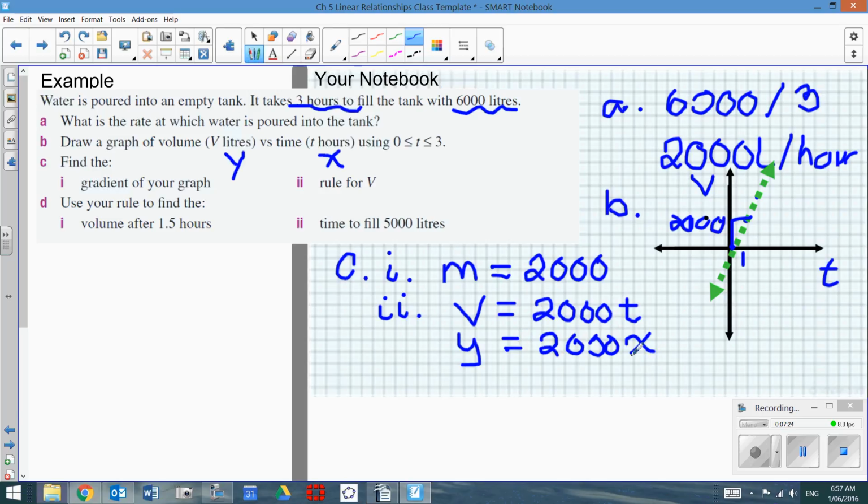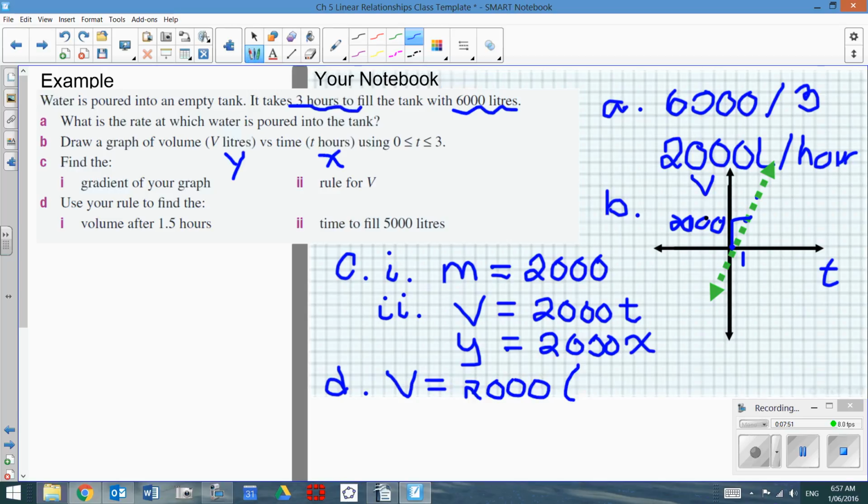And last but not least, why do we even make these rules? So what can they help us do? Part D is going to ask you to find the volume after 1.5 hours. So if 1.5 is our time, or our x value in this problem, we can substitute it in. So in order to find our volume, I have 2,000 liters for every 1 hour.